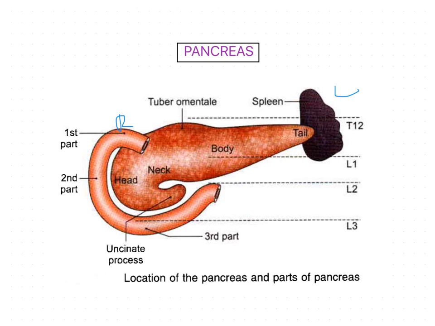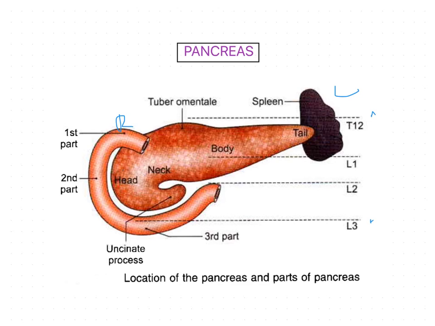If you see the extension of this pancreas, it can be observed from T12 to L3 vertebrae. And if you see the shape, it is elongated, J-shaped and also retort shaped.